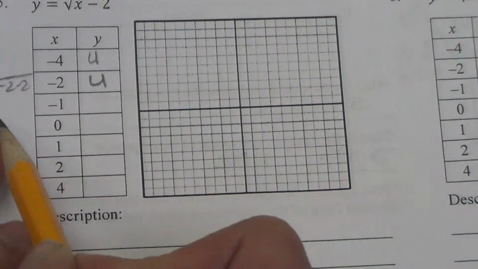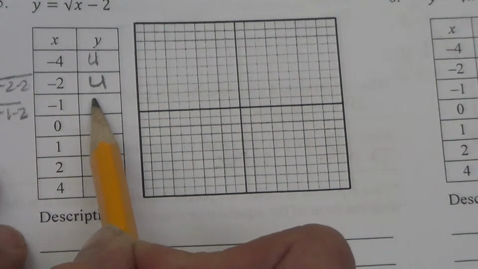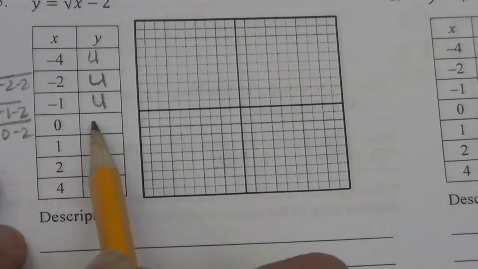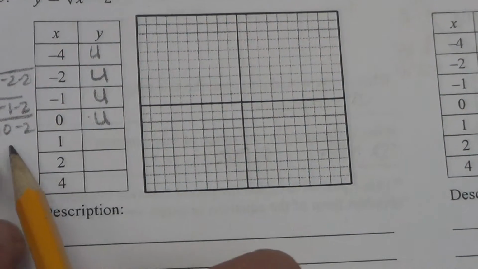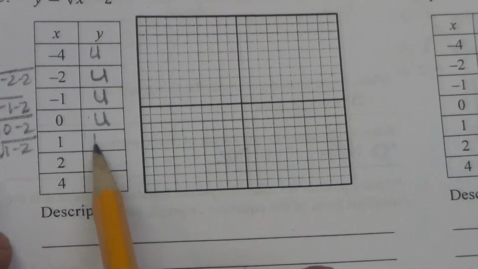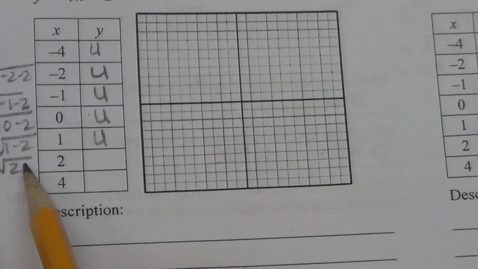That's undefined. Negative 1 minus 2 is negative 3. That's undefined. 0 minus 2 is undefined. 1 minus 2 is negative 1. That's undefined. But 2 minus 2, we're finally at 0.